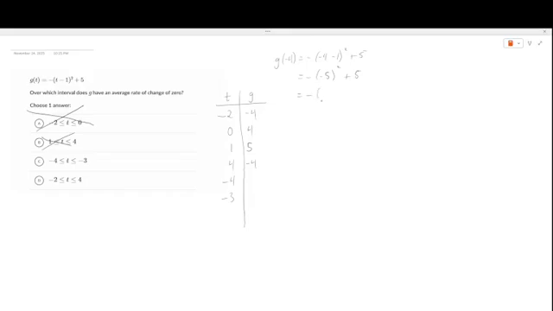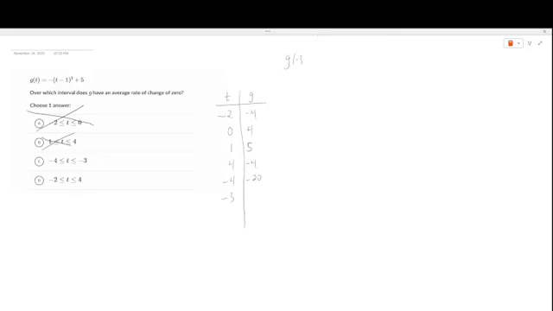So negative 5 times negative 5 would be positive 25. But we also have to apply the subtraction symbol. So it would be negative 25 plus 5, which would equal negative 20.